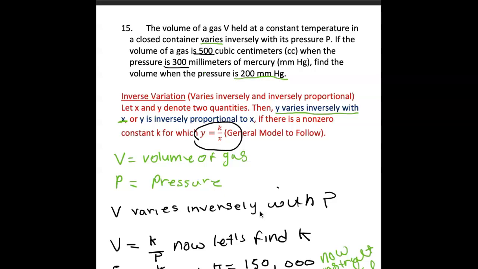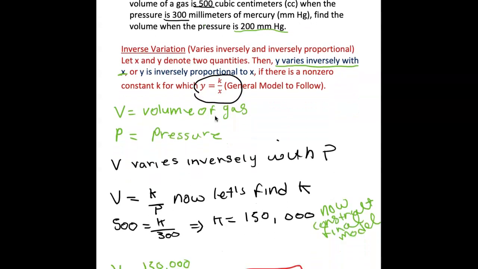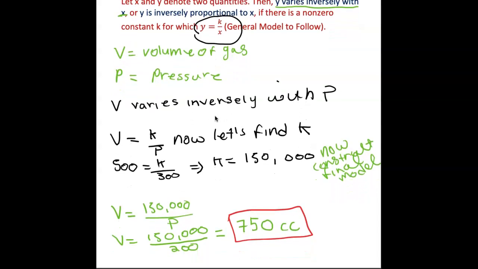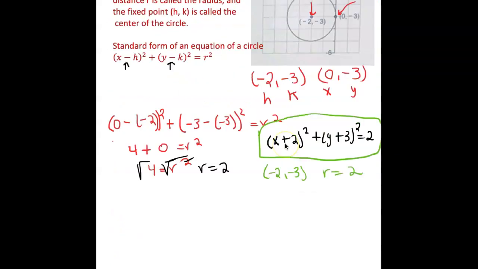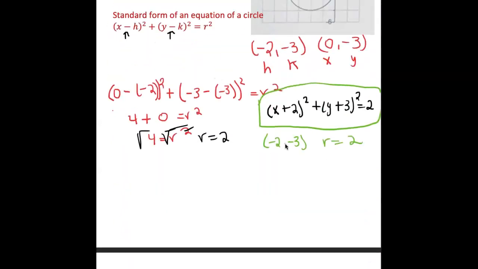Then we construct the model using the definition, and the next step is to find K. Once we have found K, we can construct the final model that helps us solve the problem. Once we have that, we can answer any question regarding volume of the gas or pressure. So we went over 15 questions. You will see these 15 questions in the test.